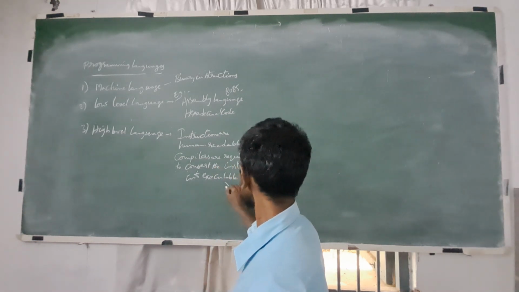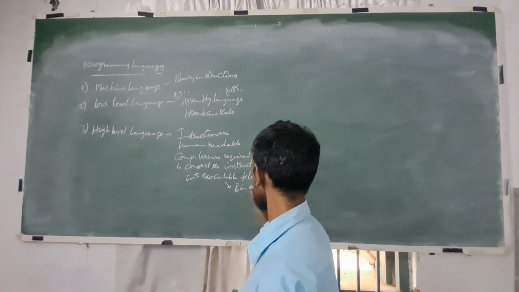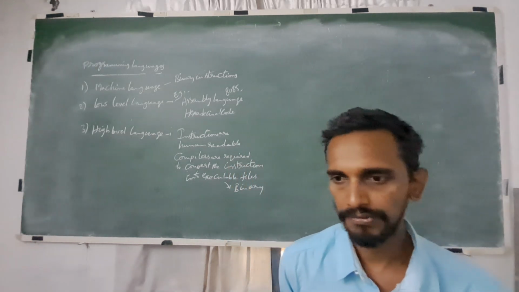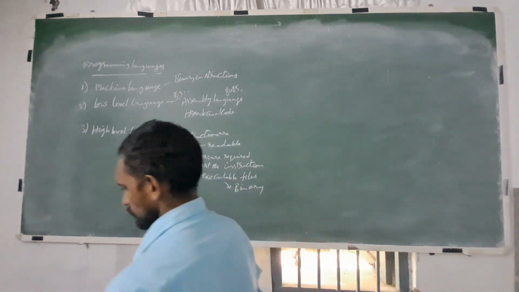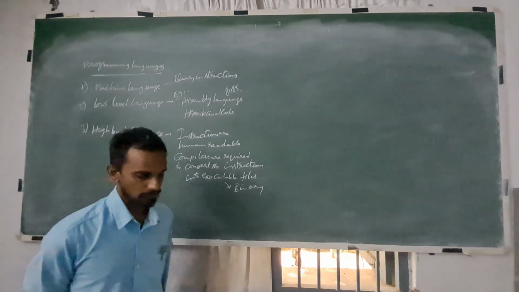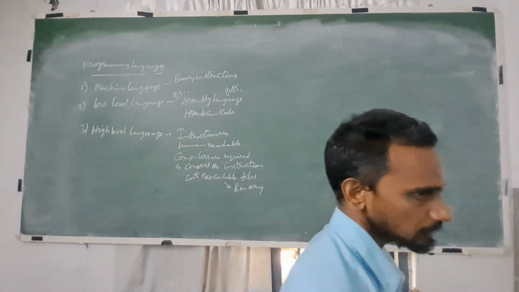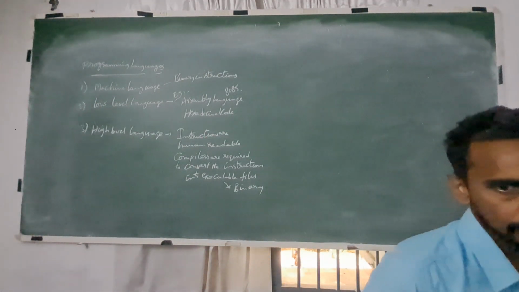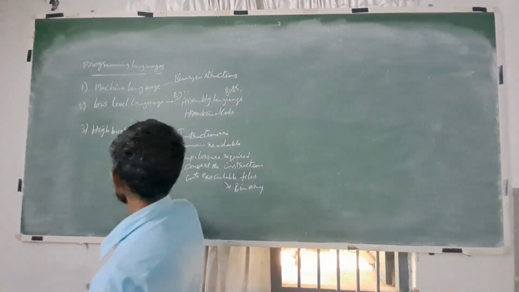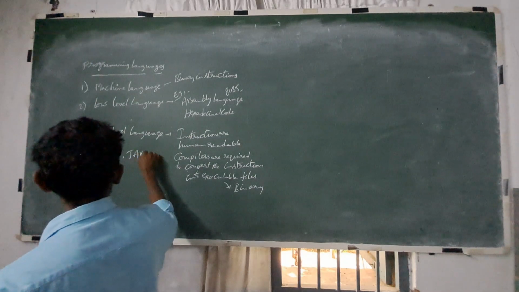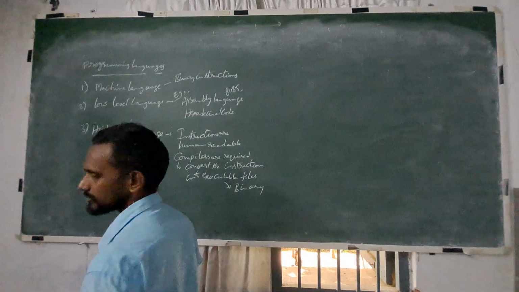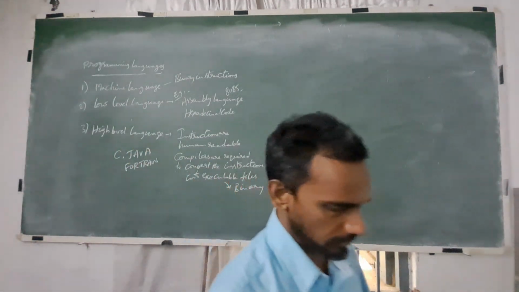Executable means they are again binary language files. So here we will be using compilers to convert those instructions into binary codes. So C language, Java, FORTRAN, all these languages will come under that.